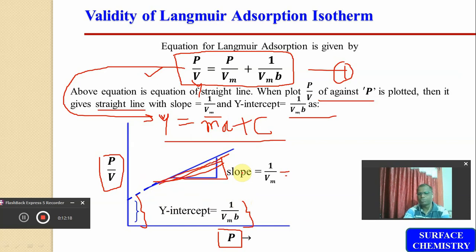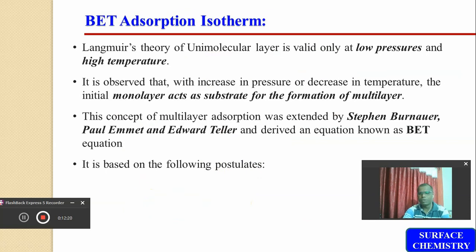Dear friends, after the study of Langmuir adsorption isotherm and its different cases as well as its validity, it is particularly applicable to monolayer adsorption. If you remember the assumptions stated by Langmuir, then definitely this isotherm is applicable to monolayer adsorption.